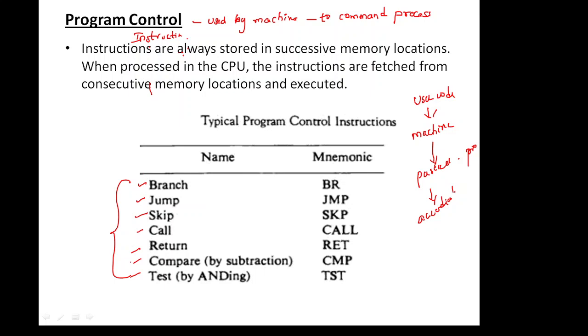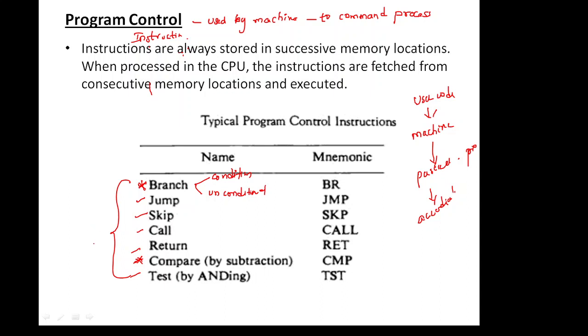Compare instructions and unconditional branch instructions are very important. In branch we have the conditional, and another one is unconditional. These branch instructions are very important.